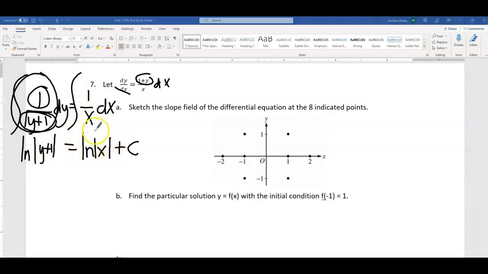Point number 4 is to find your c value. So I'm going to plug in the initial condition that they gave us. We're plugging in -1 for x and +1 for y. So if I do that, then I get the following.